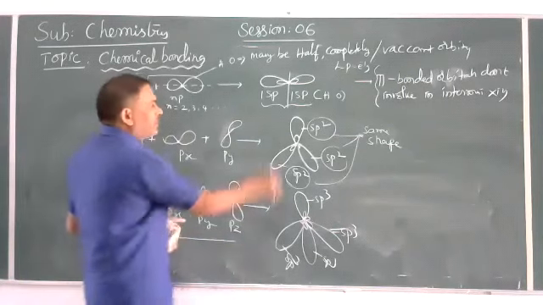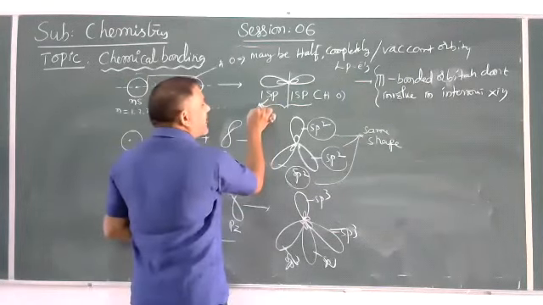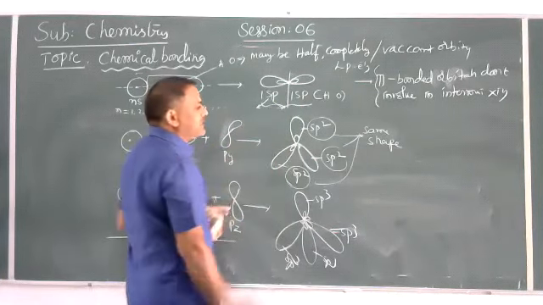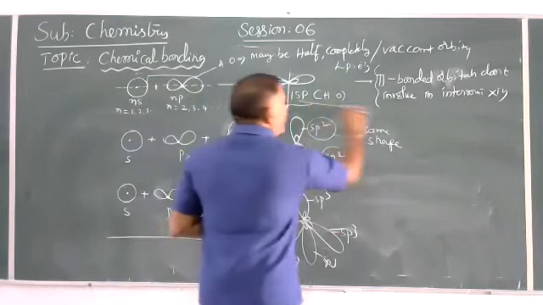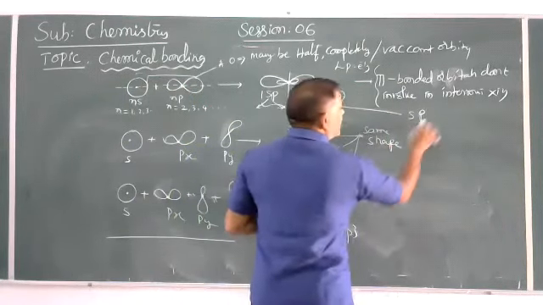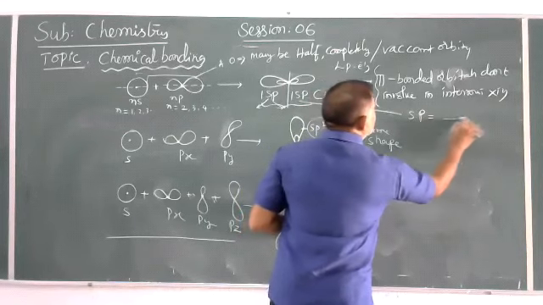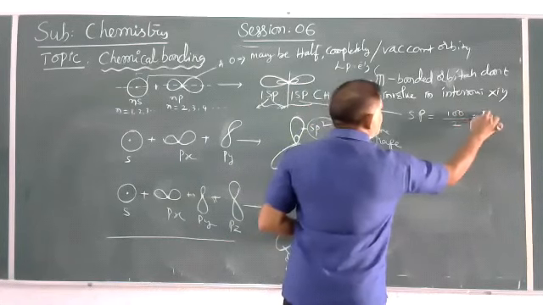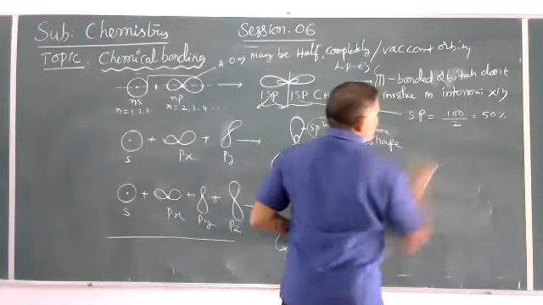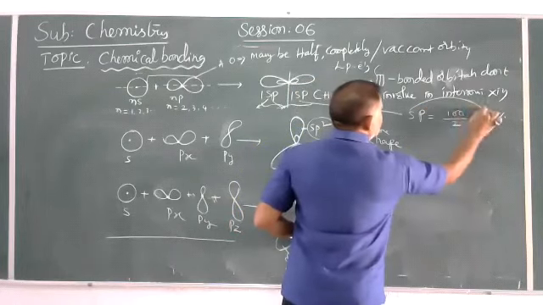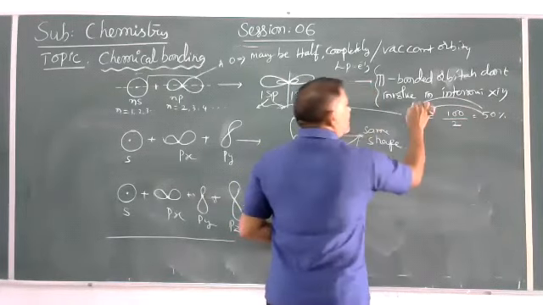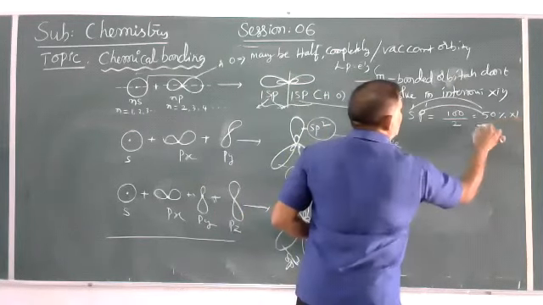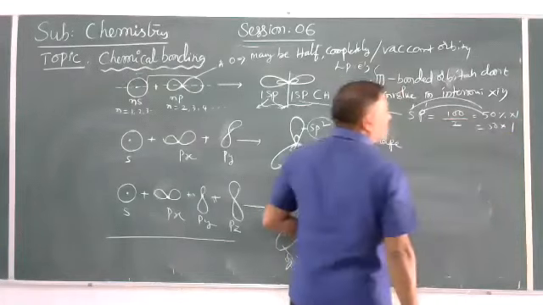Now, in this case, what are the percentage of s character and the percentage of p character? How much s and how much p is present? In sp hybridization we have a total of 2 atomic orbitals, so 100 percent divided by 2 means s is 50 percent and p is 50 percent, because it is s1, p1.